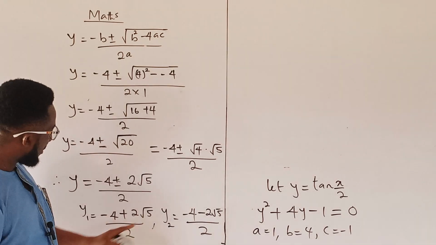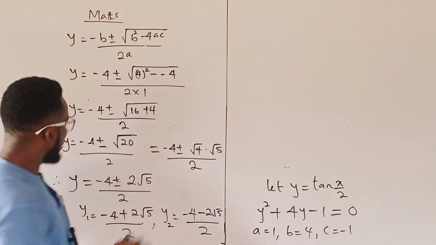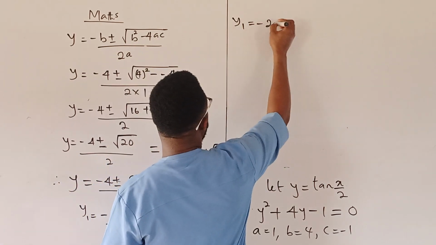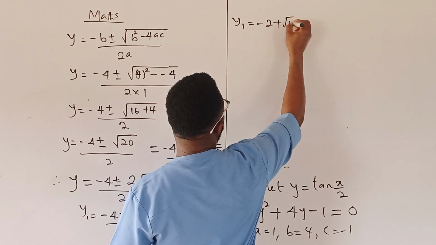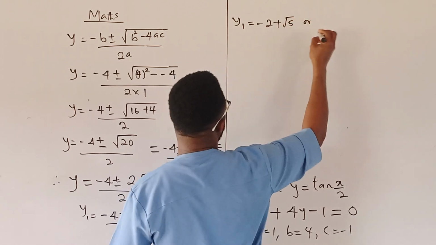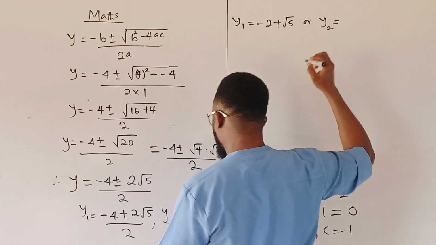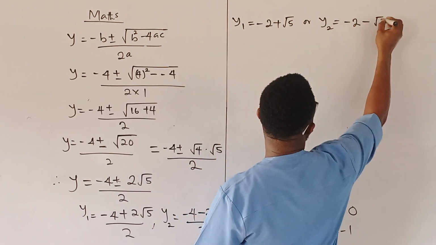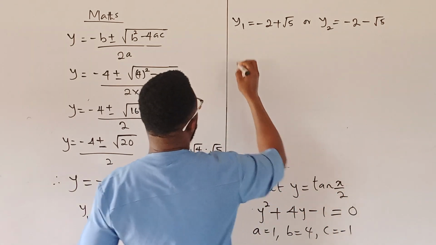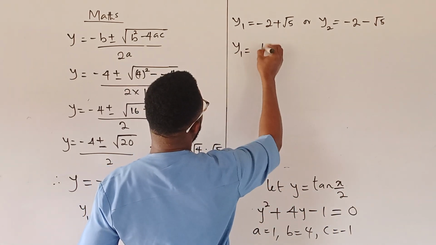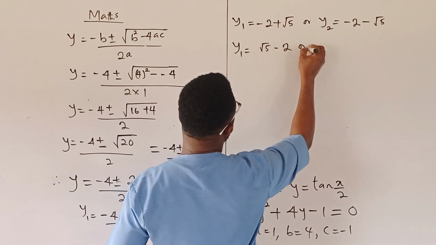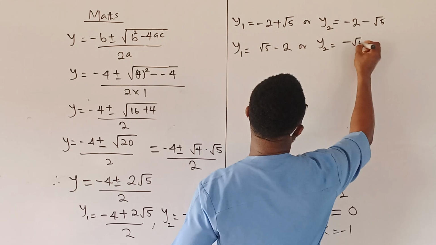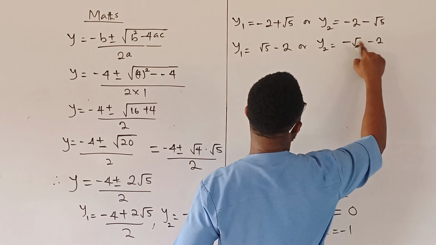So 2 can divide everything in the numerator. So we have y1 equal to negative 2 plus rad 5, or we have y2 equal to negative 2 minus rad 5. I can write this as y1 equal to rad 5 minus 2, or y2 equal to negative rad 5 minus 2.